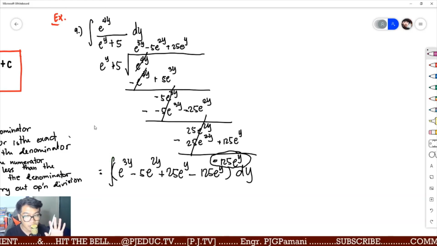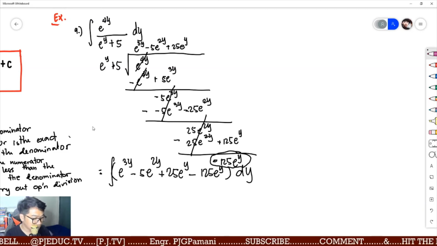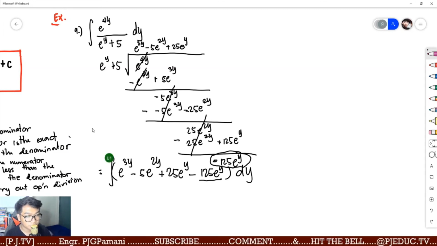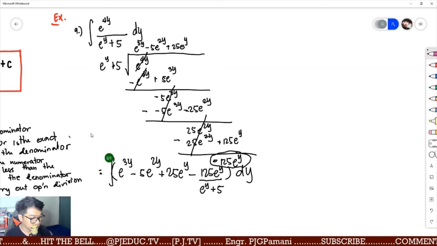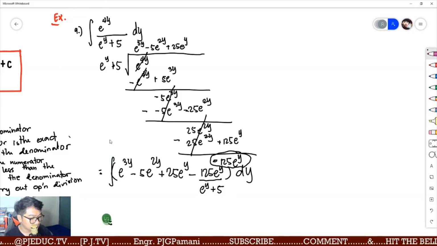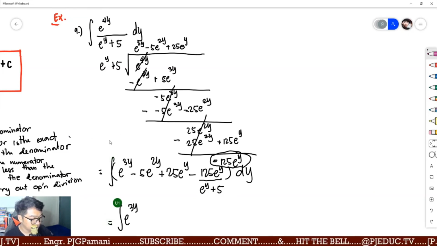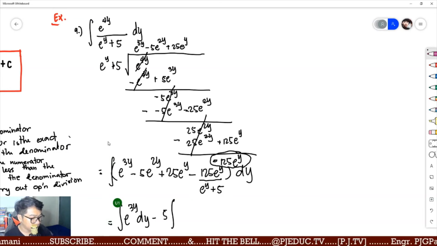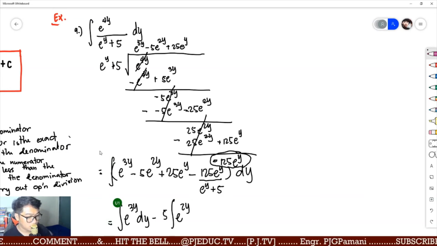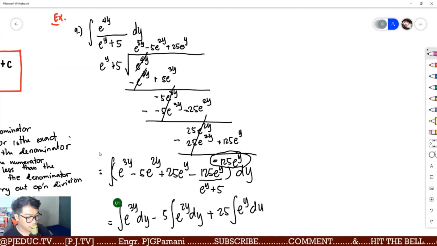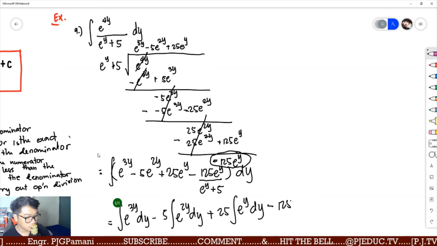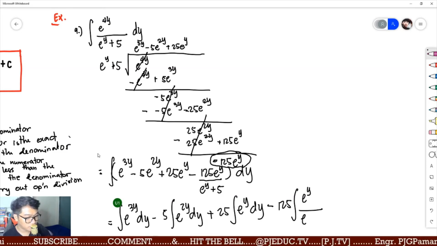So basically, 125e raised to y still has the numerator over the term e raised to y plus 5. Distribute lang natin yung ating integral sign. And e raised to 3y dy minus 5e raised to 2y dy plus 25e raised to y dy minus 125e raised to y over e raised to y plus 5 dy.